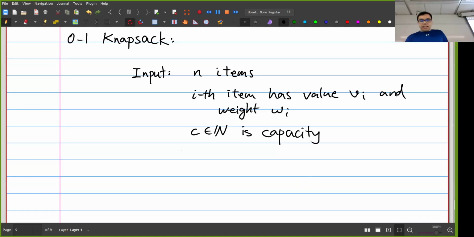So I also say that I give you some number K, right? And the question is basically, can you get a total value of K or more? Can you fit items into your knapsack that have a total value of at least K? And also, I'm assuming that all of these weights and values are also natural numbers.